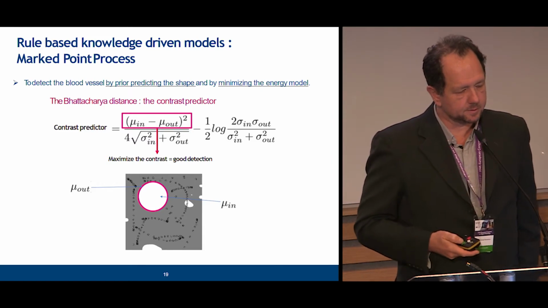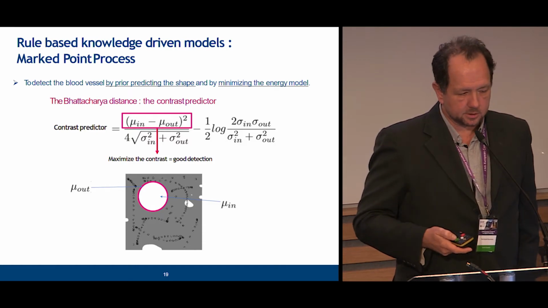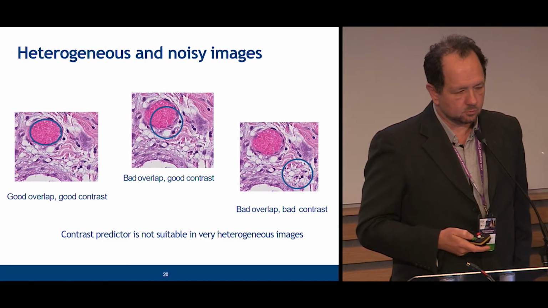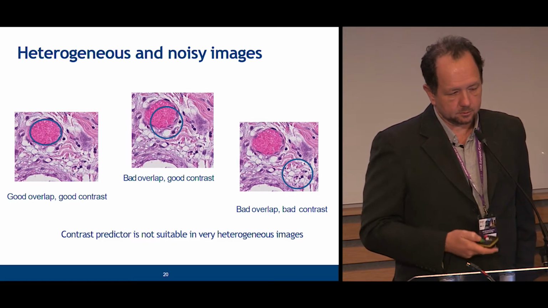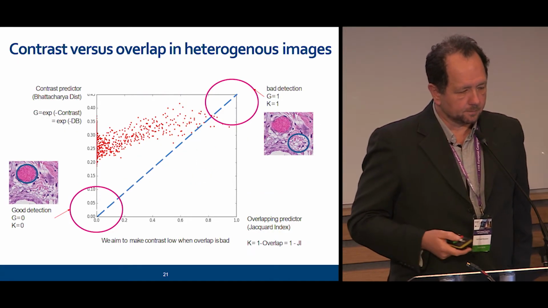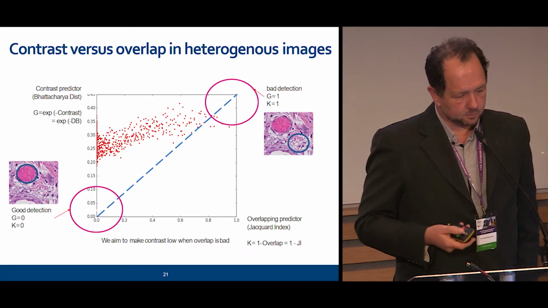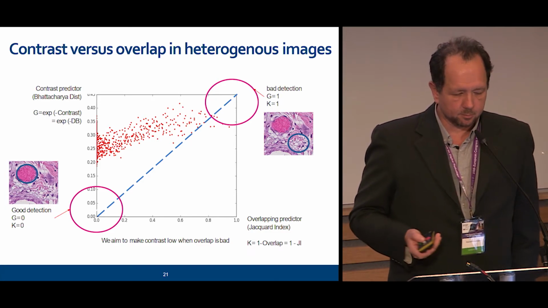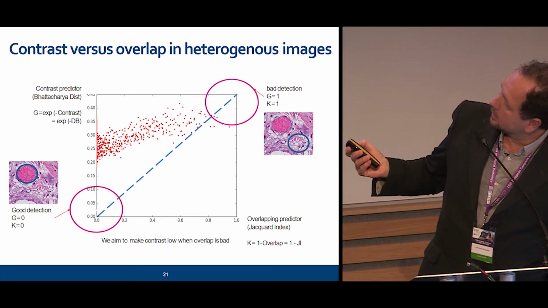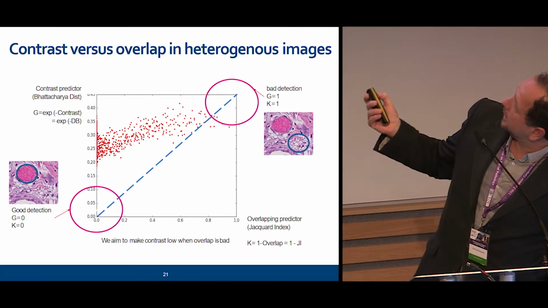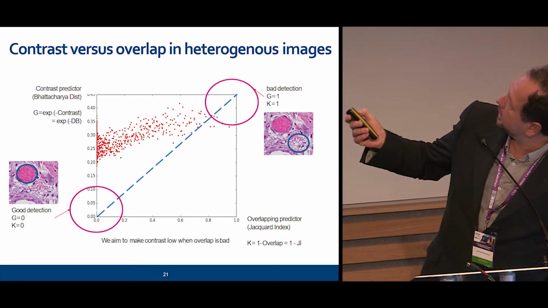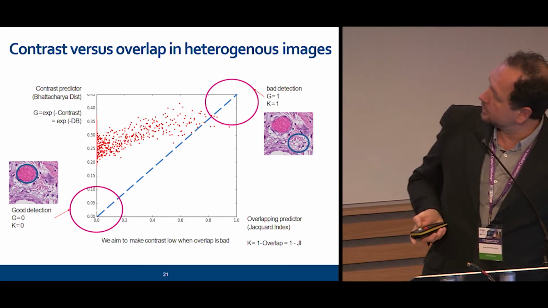We defined the distance we will use for the contrast predictor. And what is interesting is that we are working with heterogeneous and quite noisy images. So now, from the point of view of the distance, which means a contrast, and the overlapping predictor, which gives the overlapping between the shapes, we are looking to find something having this kind of configuration, with a good detection, with the two elements, G and K, computed here quite low.